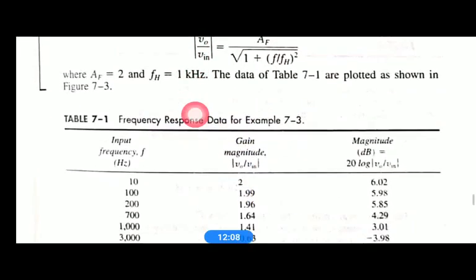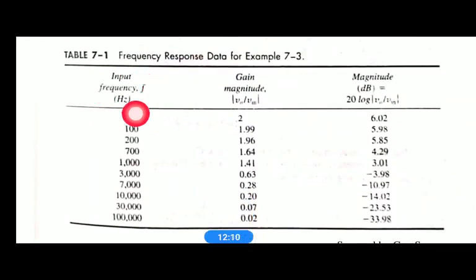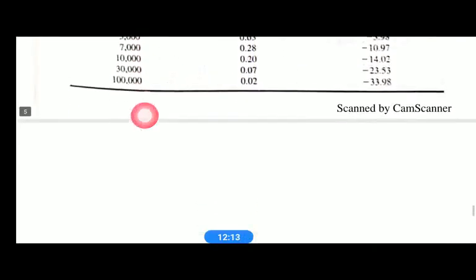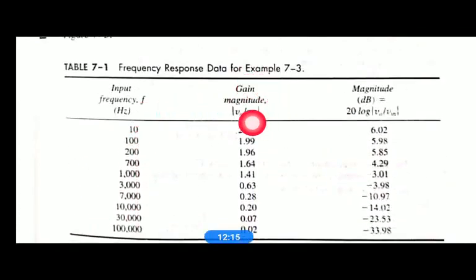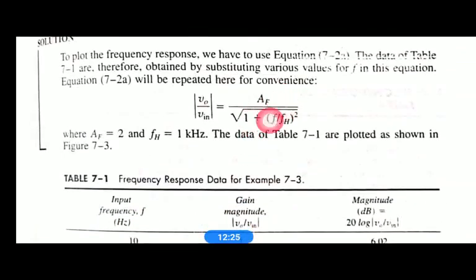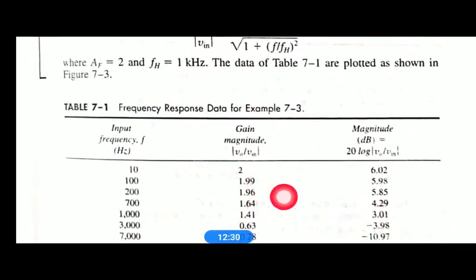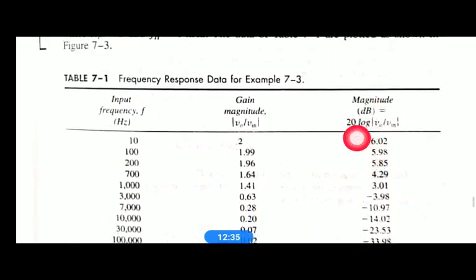To draw the frequency response, we take a table and apply different input frequencies. For those frequencies we get the magnitude of gain, V naught by V in, and the same gain in decibels using the formula 20 log of the magnitude of V naught by V in.